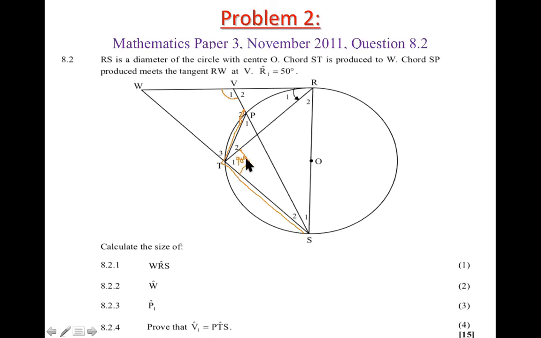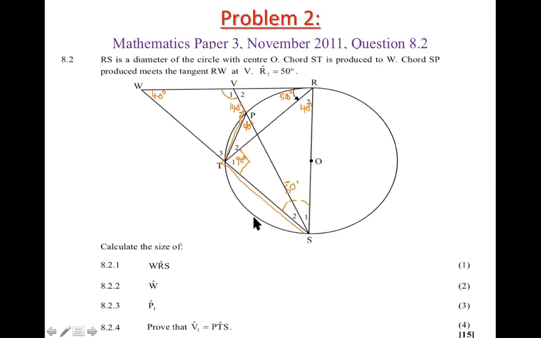And you already know this angle to be 40 degrees. And you know this angle to be 140. And you know this one to be 40. This one to be 50. Then this one to be 40. And then this one, the whole of this, but we should have another way of finding any of them. 50.